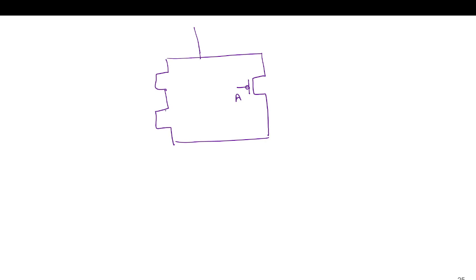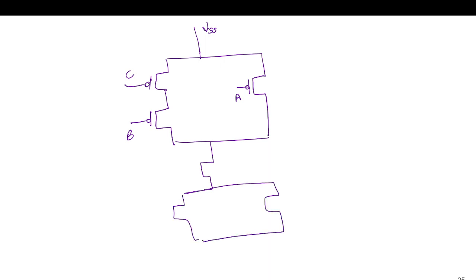So if we have a circuit like this, with A, B, C, what will be the operation of this circuit?